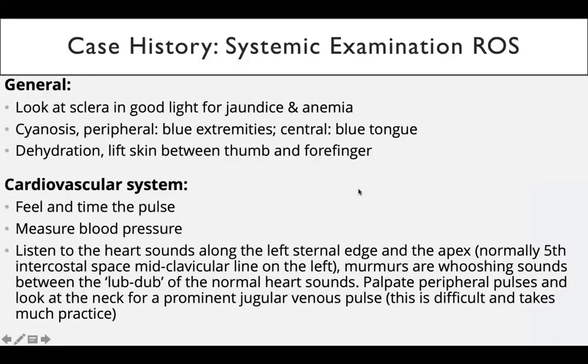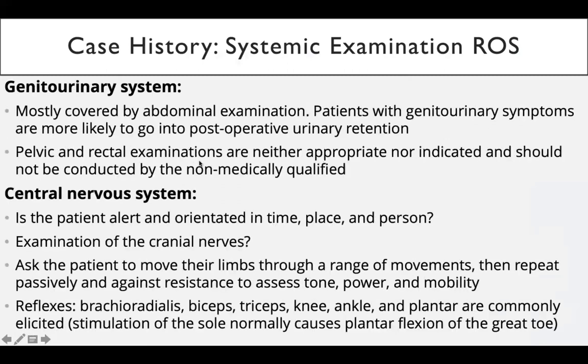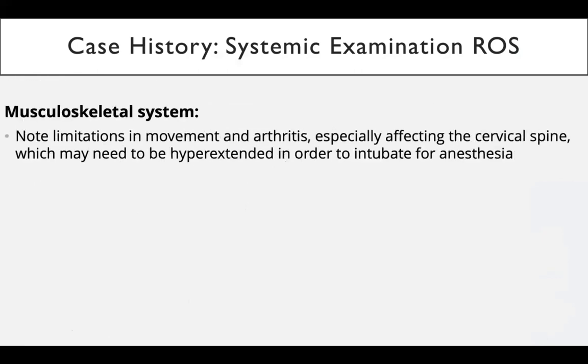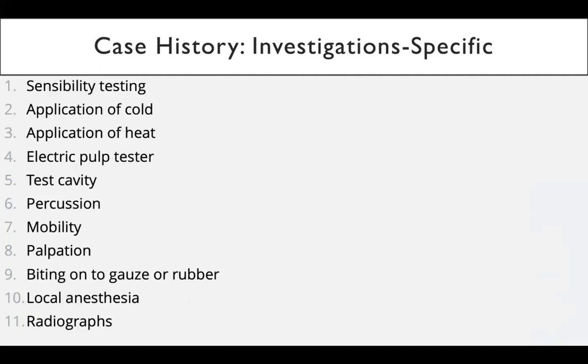And then we went for systemic examination, also known as review of systems: general, cardiovascular, respiratory, GI. All the systems you have already studied. So I have mentioned them here so that you can have a quick revision. And then we went for general and specific examinations.